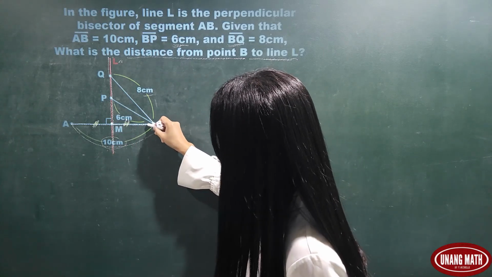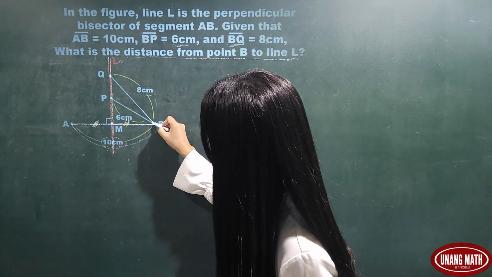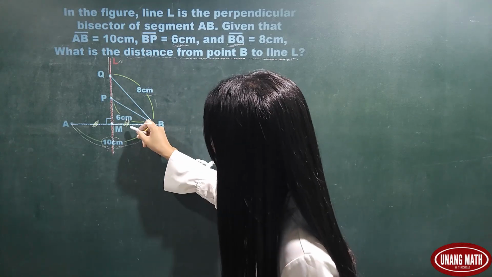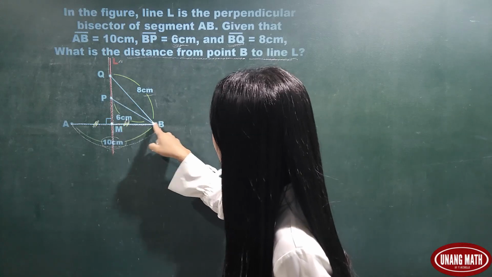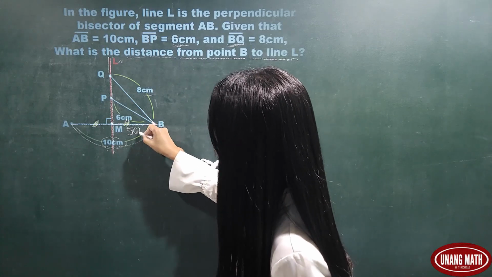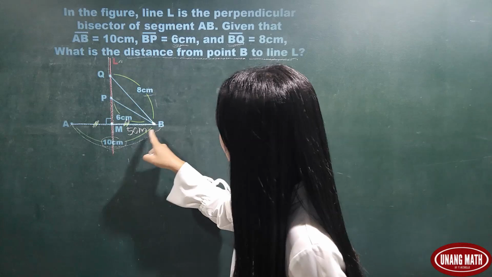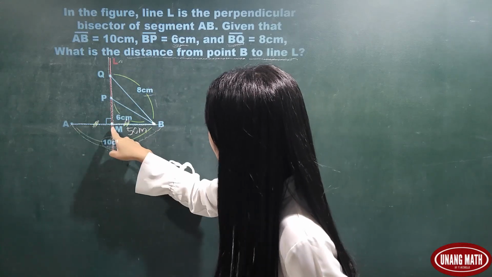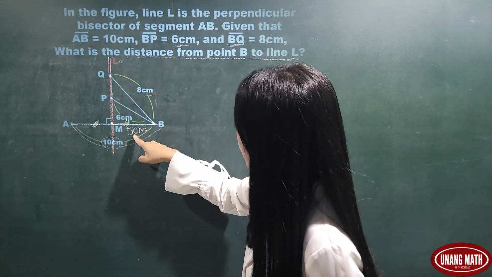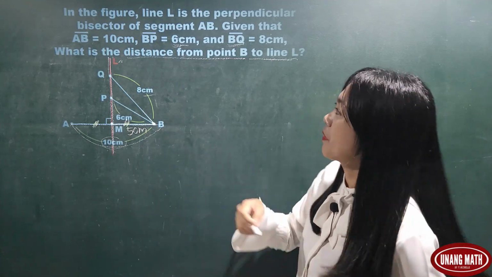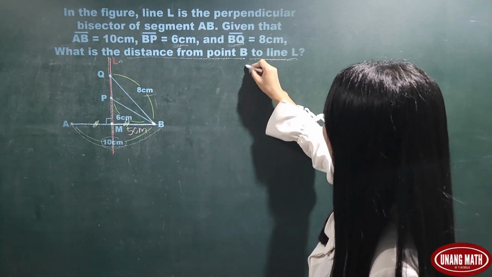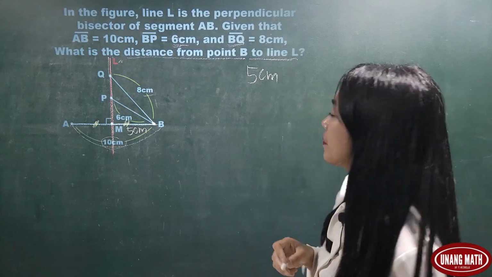The distance from point B to the foot of the perpendicular is 5 centimeters, because A to B is 10. So this length is equal to this one. So from point B to line L is 5 centimeters.